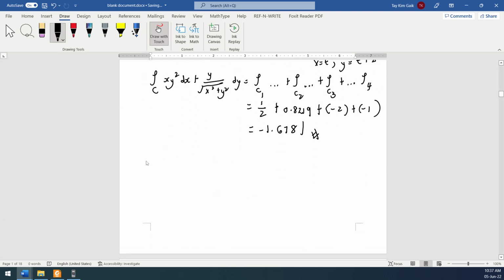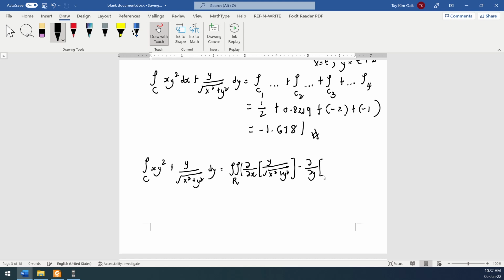Instead of doing it 4 times, you can just use Green's theorem. It becomes a double integral across region R. Then this is del x of the coefficient of dy, y over square root of x squared plus y squared, minus del y of the coefficient of dx, which is x y squared. And then outside you have dA.